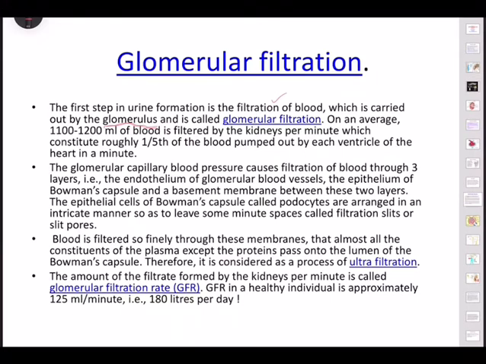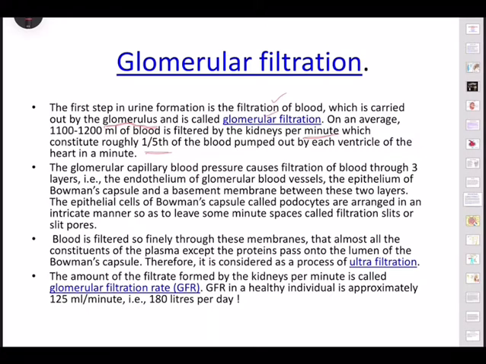This process of filtration of blood that takes place in the glomerulus is called glomerular filtration. On an average, 1100 to 1200 ml of blood is filtered by the kidneys per minute, which constitutes roughly 1/5 of the blood pumped out by each ventricle of the heart in a minute.